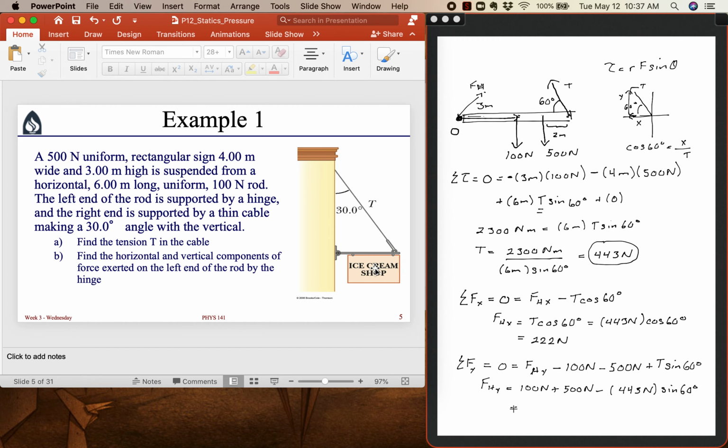And if I plug that into a calculator, I will get a y component of the hinge force of 216 newtons. All right, so that gives me the x component and the y component of the hinge force, which is what the problem was asking for.